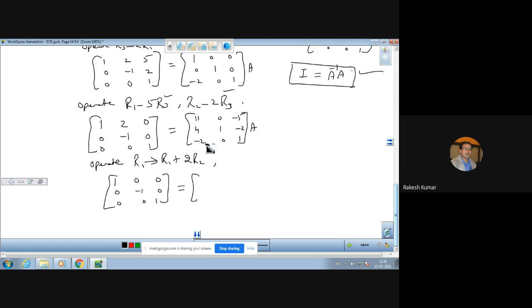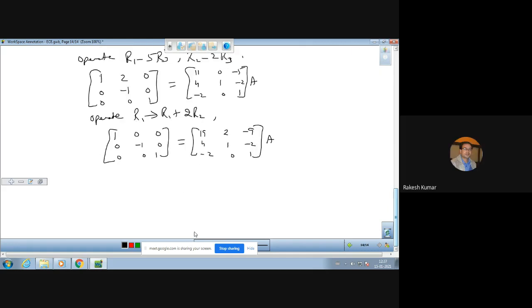Similarly operate this operation here also. So that comes out to be 19, and that comes out to be 2, and that comes out to be minus 9, and this will be 4 1 minus 2, minus 2 0 1 into A. Now this is easy and you just simply multiply the second row with a negative sign.